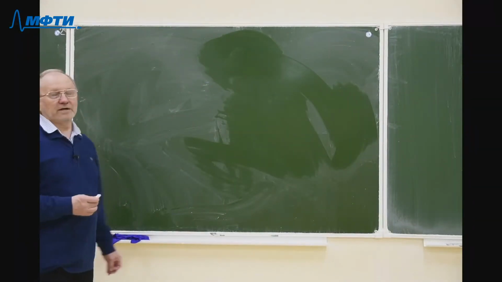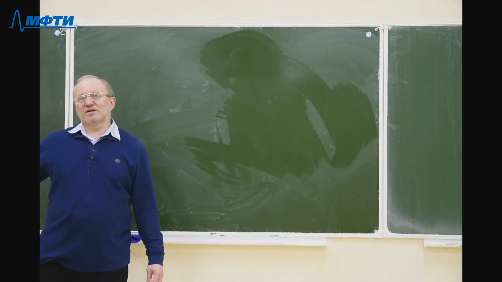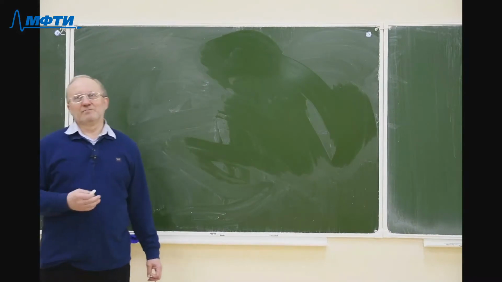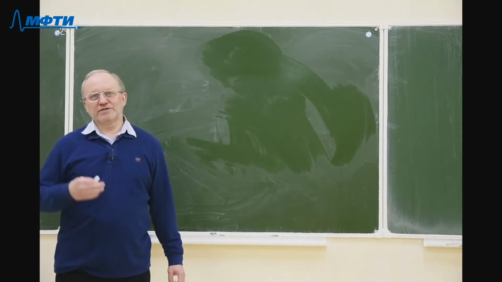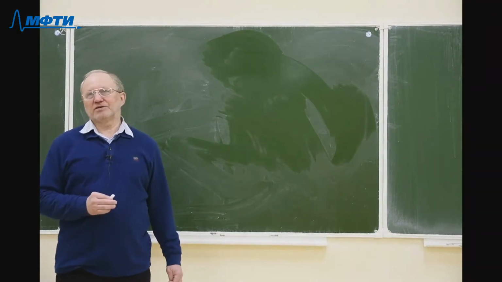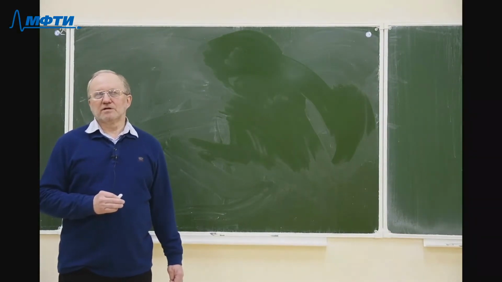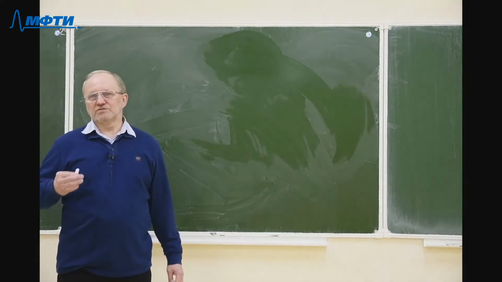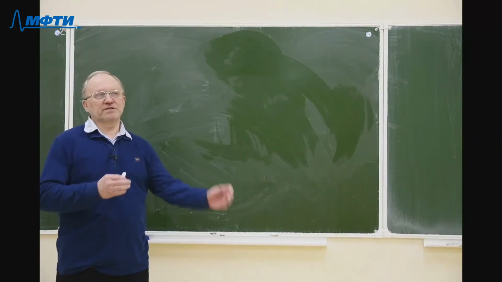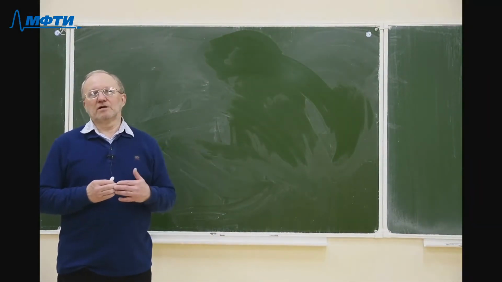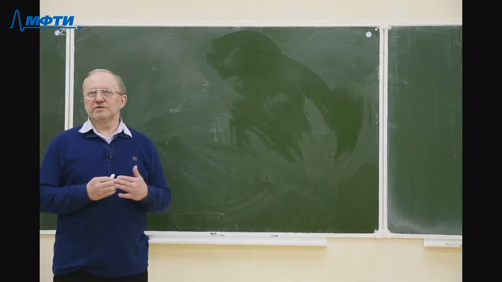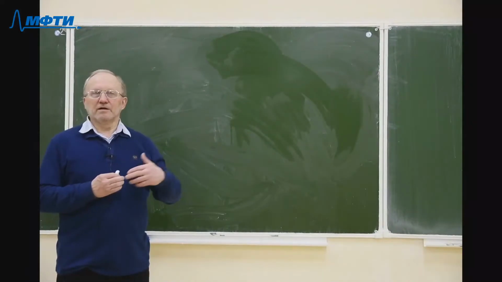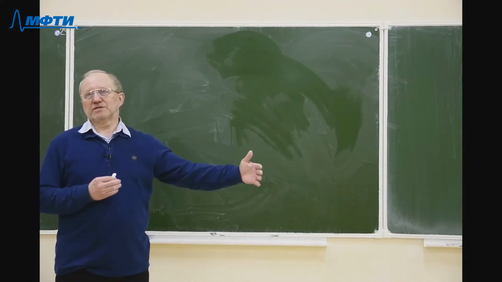And as physics was developing during centuries, people several times changed their understanding of fields. At first, people believed that forces are exerted just through empty space. Newton believed in it, that gravitational force acts through empty space.